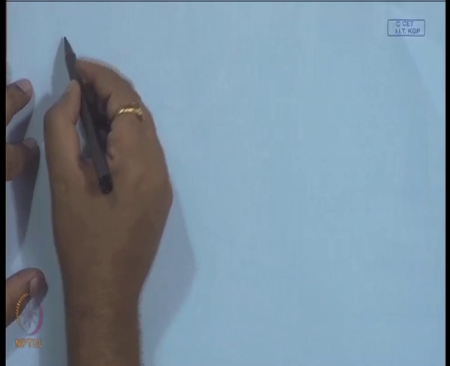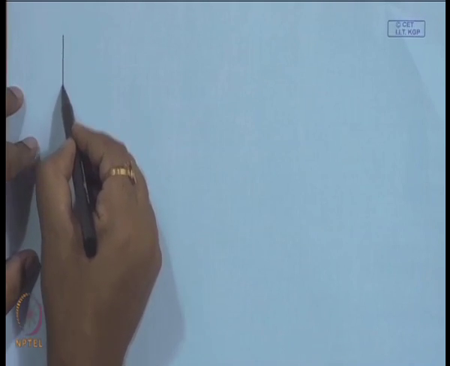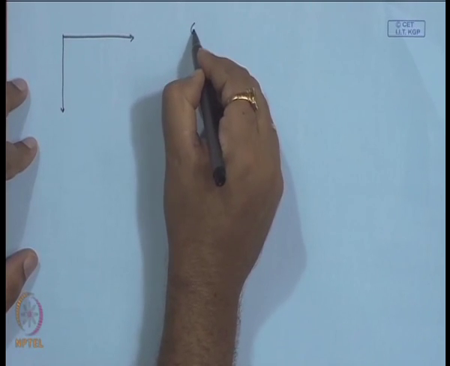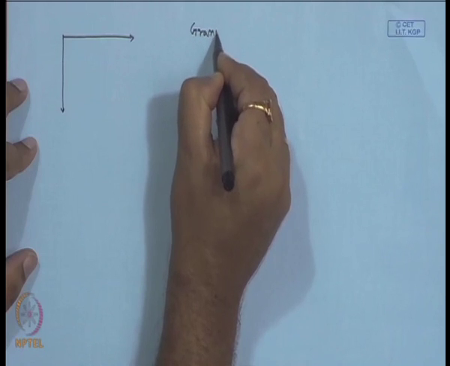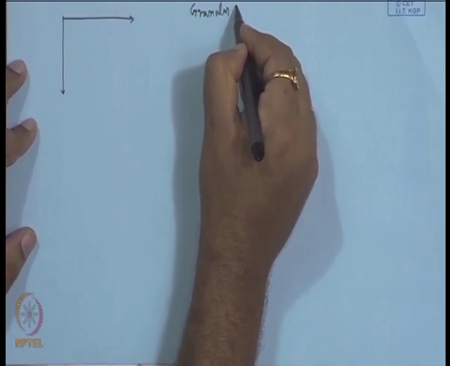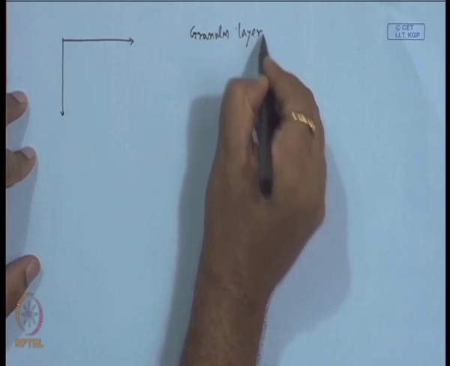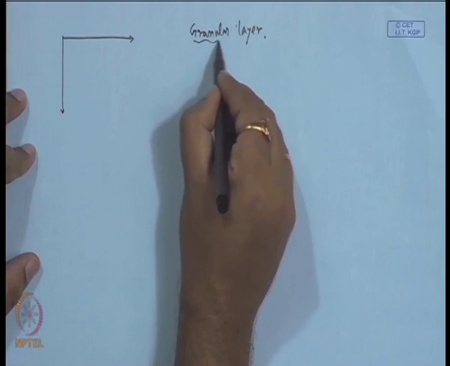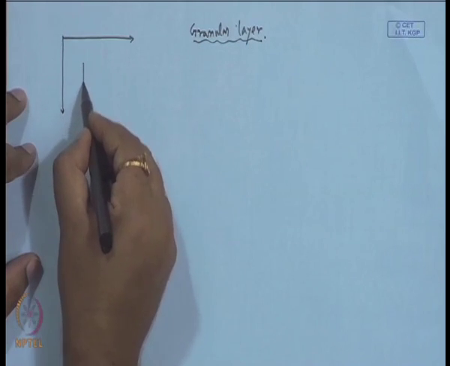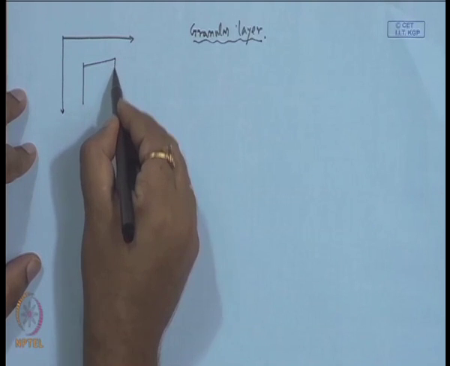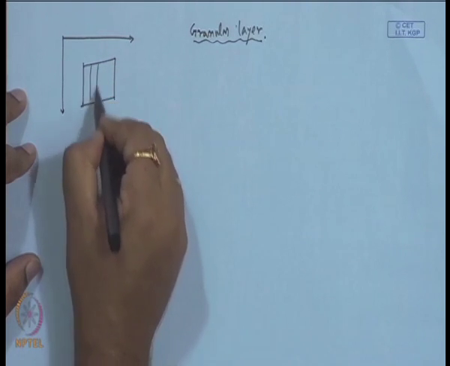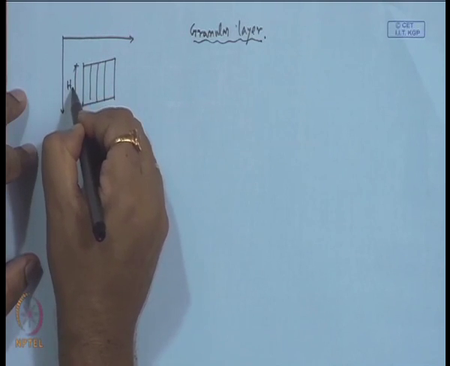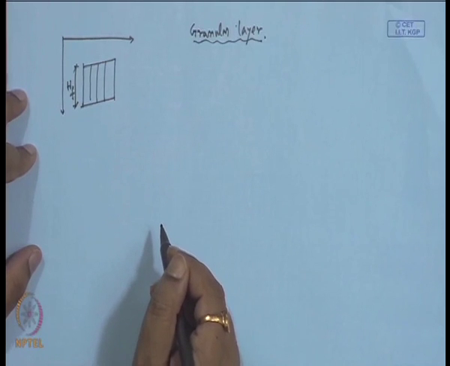For the granular layer also we have used this Pasternak shear layer. So, now for the granular layer, if I consider a particular strip of thickness H f, where H f is the thickness of the granular layer.